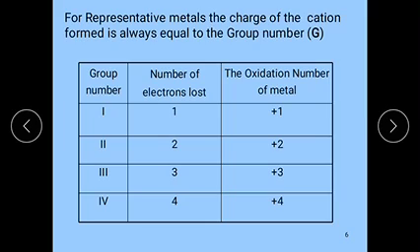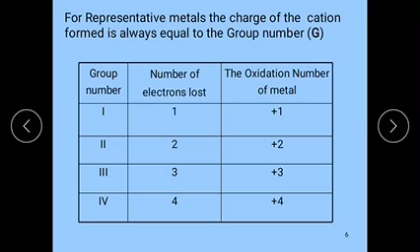Second A group elements are capable of losing 2 electrons, and they form the +2 oxidation state. Third group elements are capable of losing 3 electrons, so we take it as +3 oxidation state.